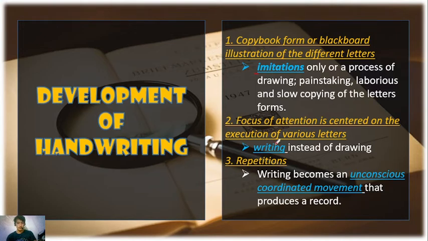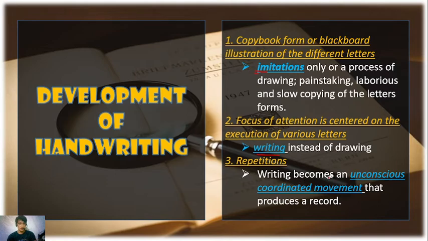This time, what is happening is no longer drawing, or not simply imitation, but now we are going to start to develop already writing skills. With repetitions, or after several practices of writing those different letters for several times, we can already create writings unconsciously.